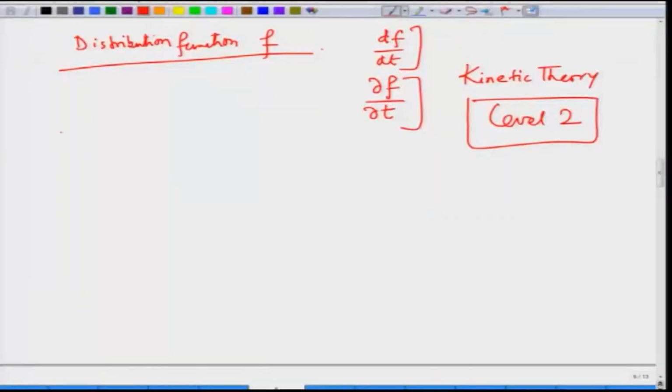Okay. So, you can see that you can easily achieve this level of theory when you are just increasing the scale of interest. That means, you are basically diminishing your resolution power, right.